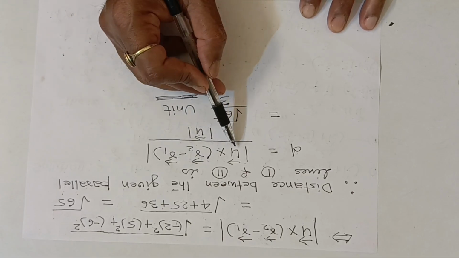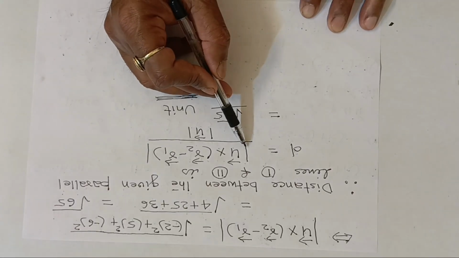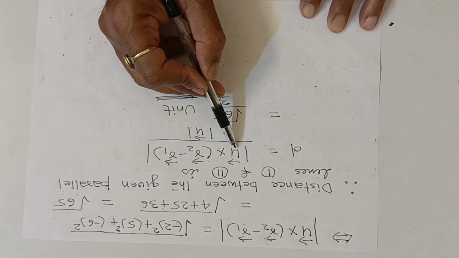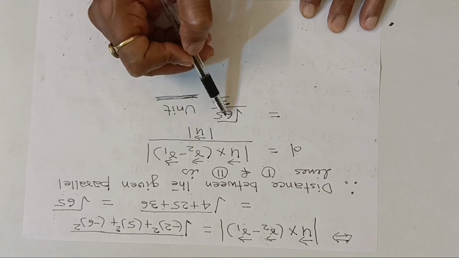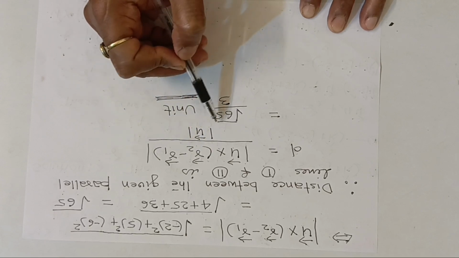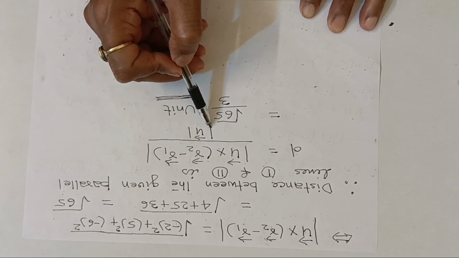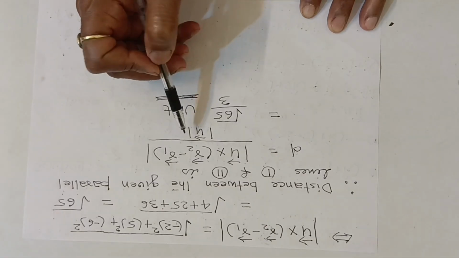Putting in the values, mod of vector u cross vector r2 minus vector r1 is the square root of 65, and mod vector u is 3.